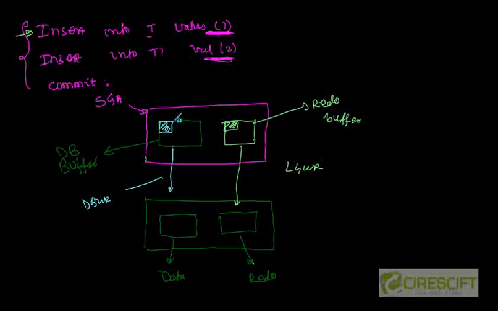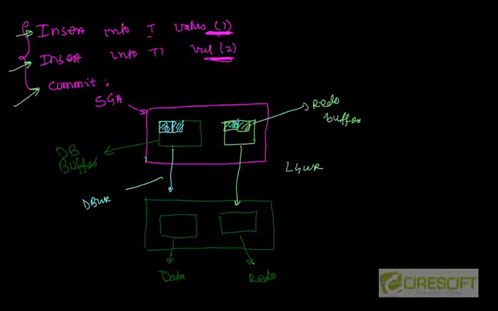So I make another block dirty, saying that the value is 2 here, and at the same time I write in the redo buffer enough information that we can redo this statement again. So this is the scenario.